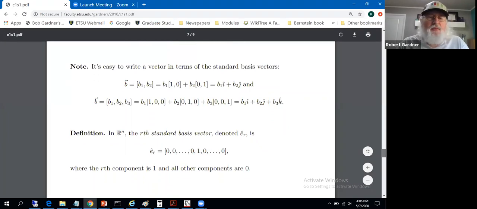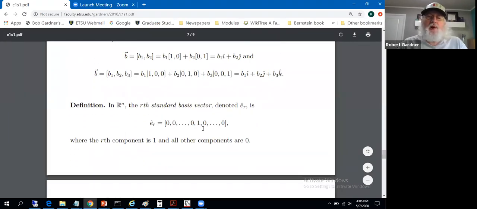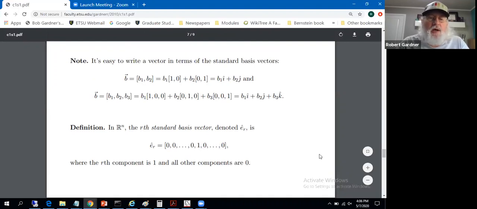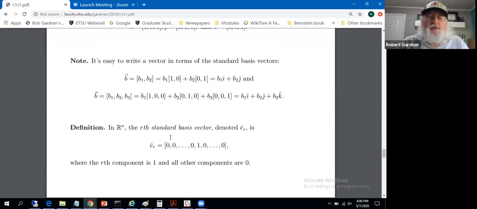And moving beyond 3 dimensions, the rth standard basis vector in Rn is defined to be the vector e with a little caret over it, like shift-6 on the keyboard. We use that same notation instead of the little vectors when we had the i's, j's, and k's. It's common to use the little hat when you have a vector of length 1.